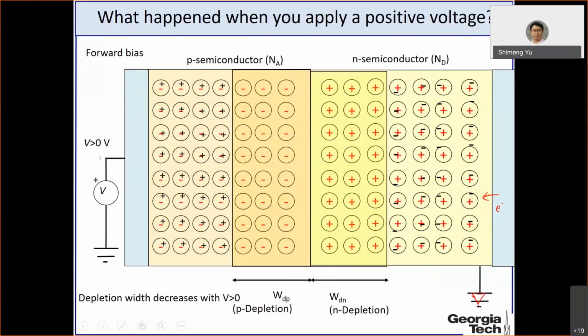Here you have positive voltage, so electrons will inject from the ground terminal. So the electron will move. So that means you have more electrons here. So those electrons will move. So that means the depletion region will get reduced. Because here you have more electrons, then the depletion region will get reduced. The W_D, the width, will reduce.